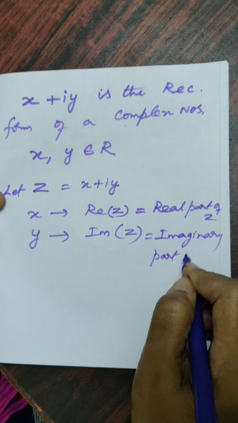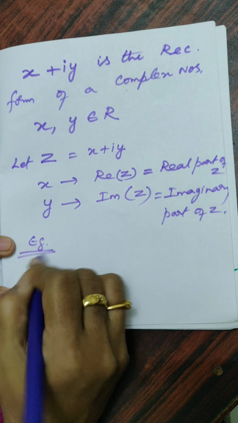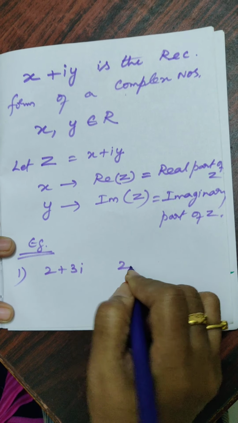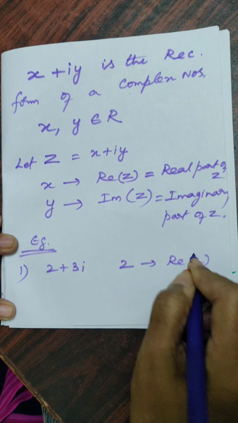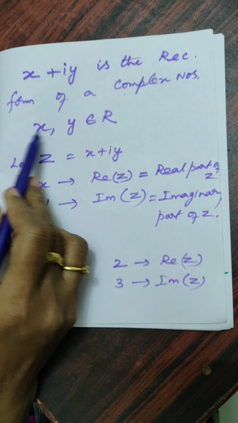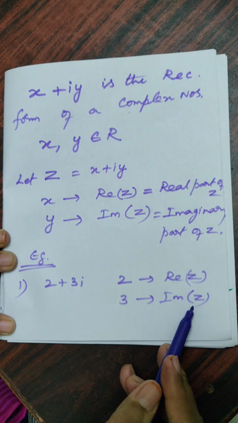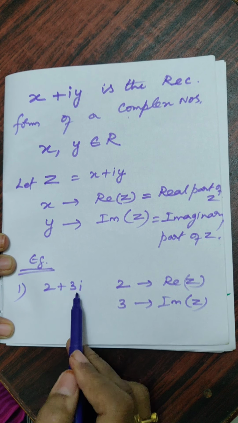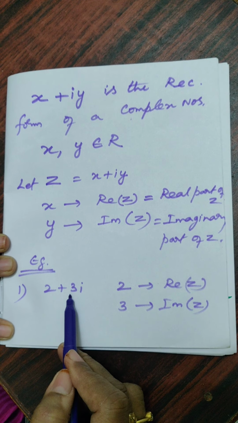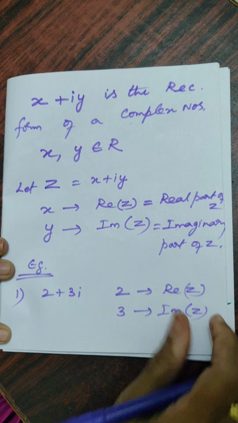For example, if you have the complex number 2 plus 3i, here 2 is the real part of z and 3 is the imaginary part of z. You should not take the imaginary part of z as 3i. i is the imaginary unit, and the imaginary part is the coefficient 3.